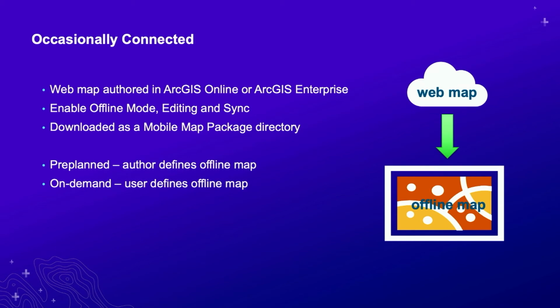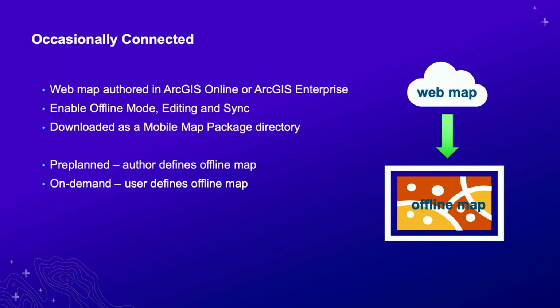So you've got to go in and you've got to enable the offline mode. And if you're supporting editing, you've got to enable editing. By default, it's a read-only map. Once that's enabled, you can then have a runtime client download a portion of that map into a mobile map package on the device.